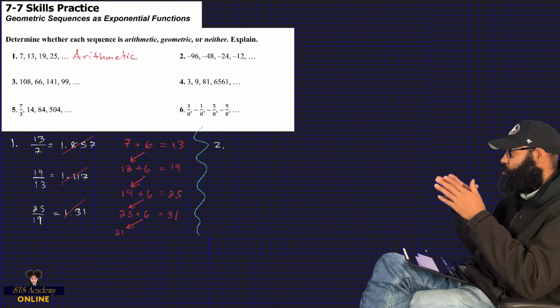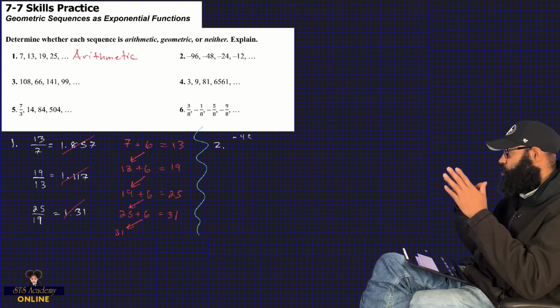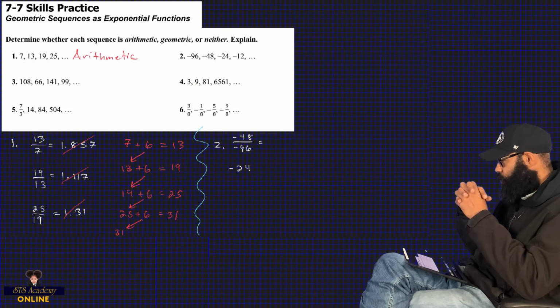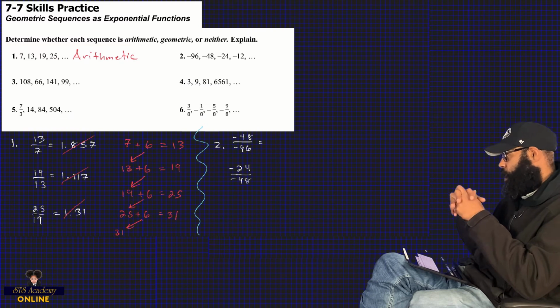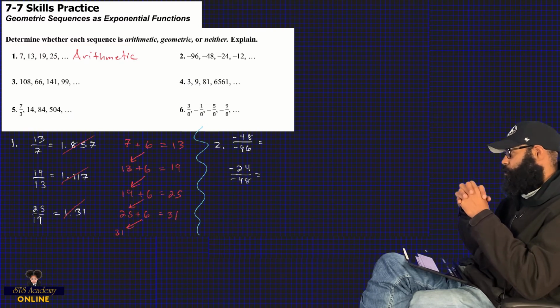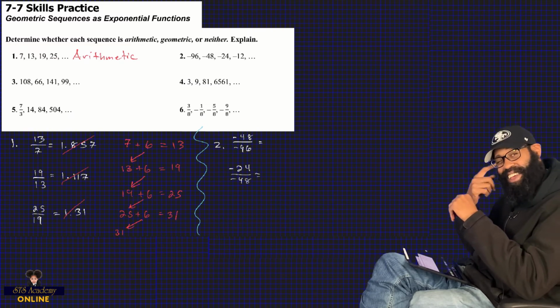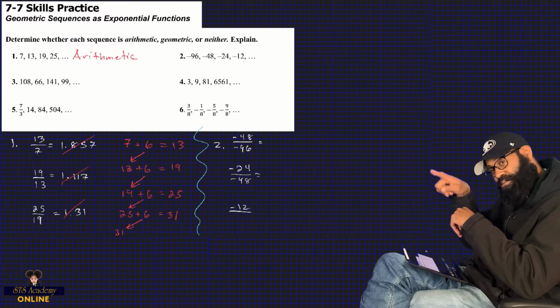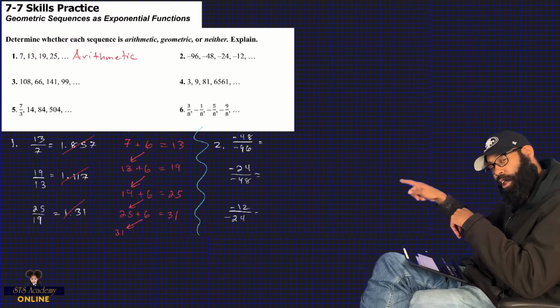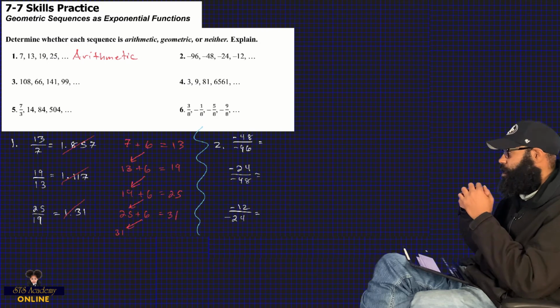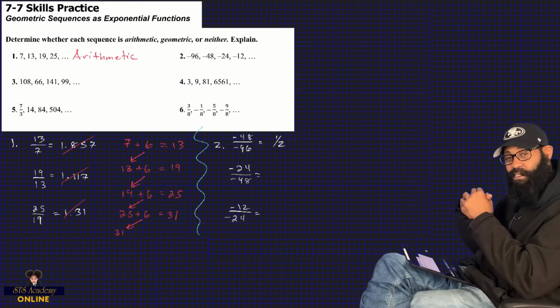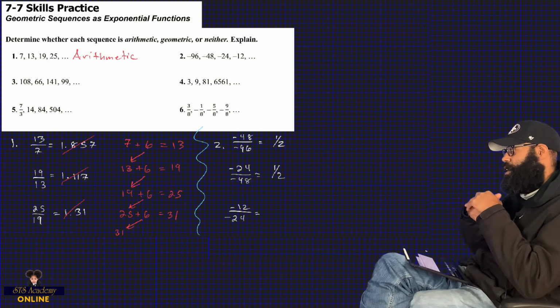Let's see number 2 to see if we catch up on this one here. So negative 48 divided by the original number, and then negative 24 divided by negative 48, and then negative 12 divided by negative 24. So I can kind of see it, guys. I would just use my arrows and point out how I get from negative 96 to negative 48. But look what happens.